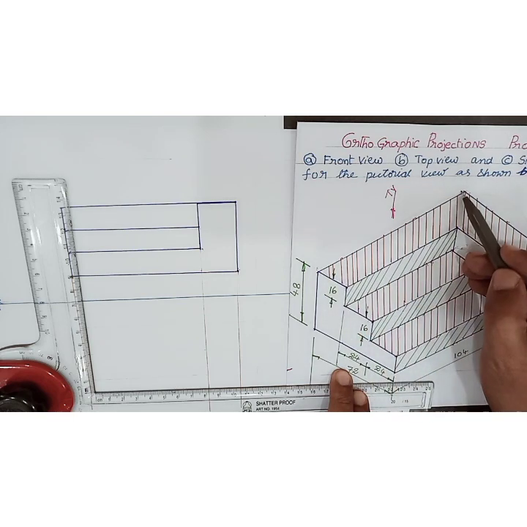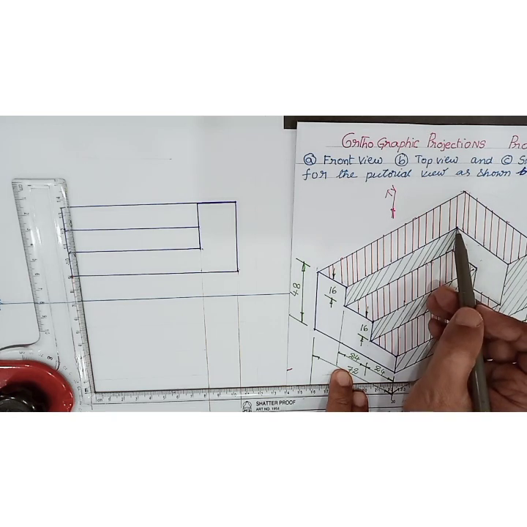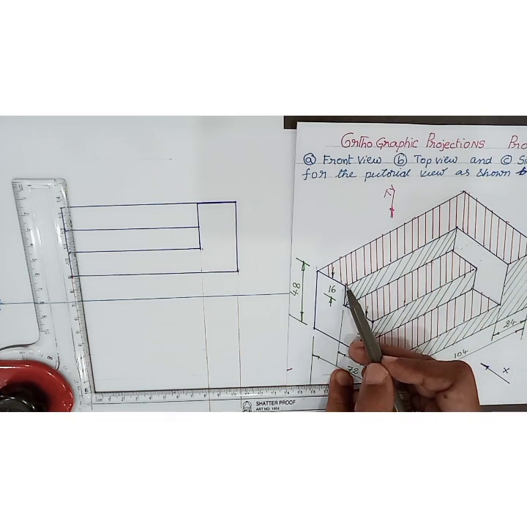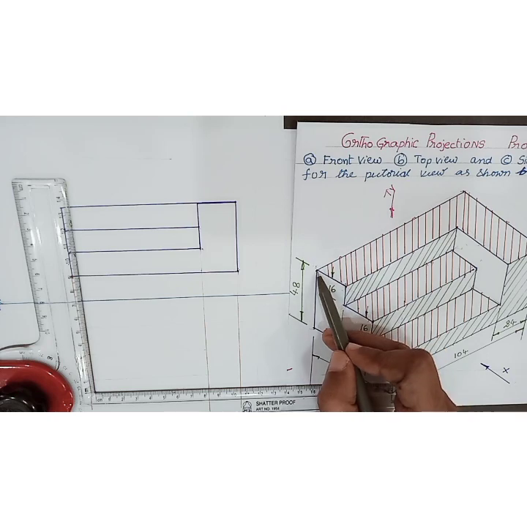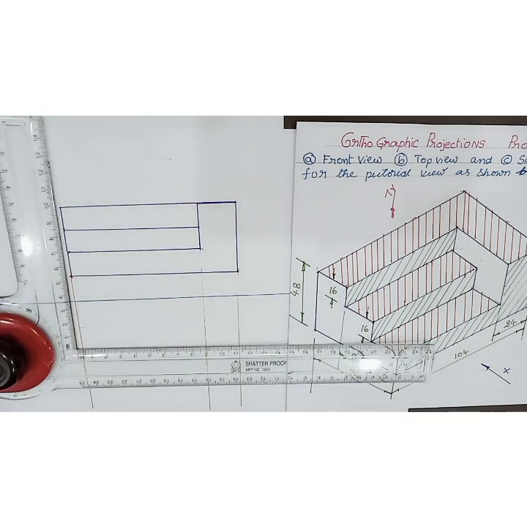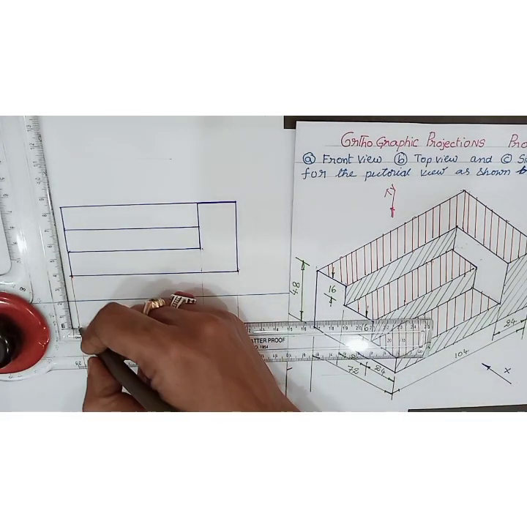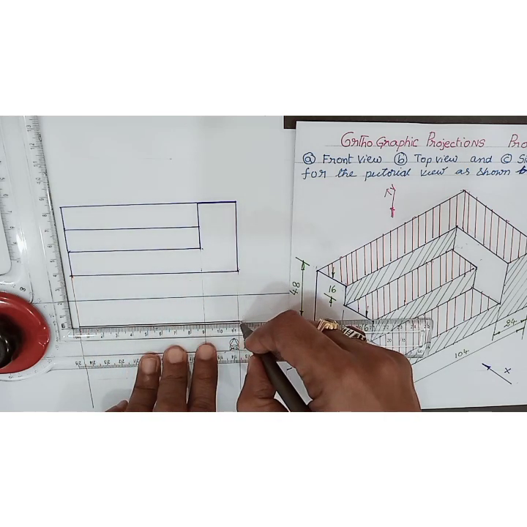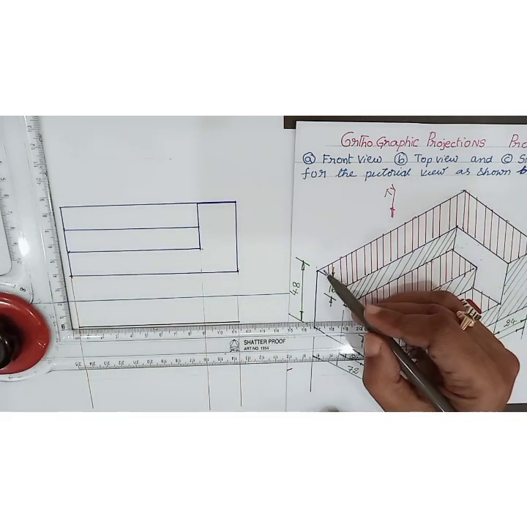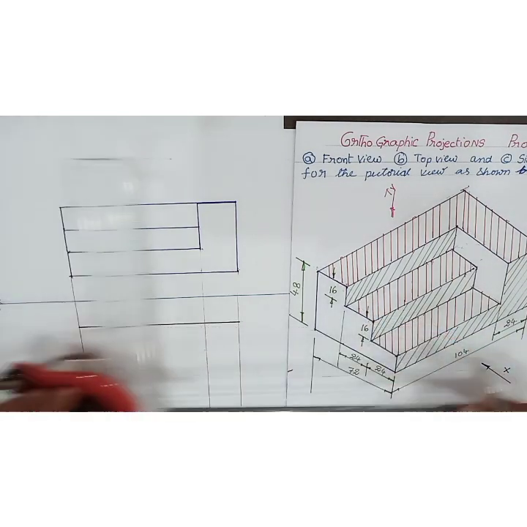Length is how much? 104, and breadth is 72, and again length 24, and again breadth 48, and again length 80, and again breadth 24.